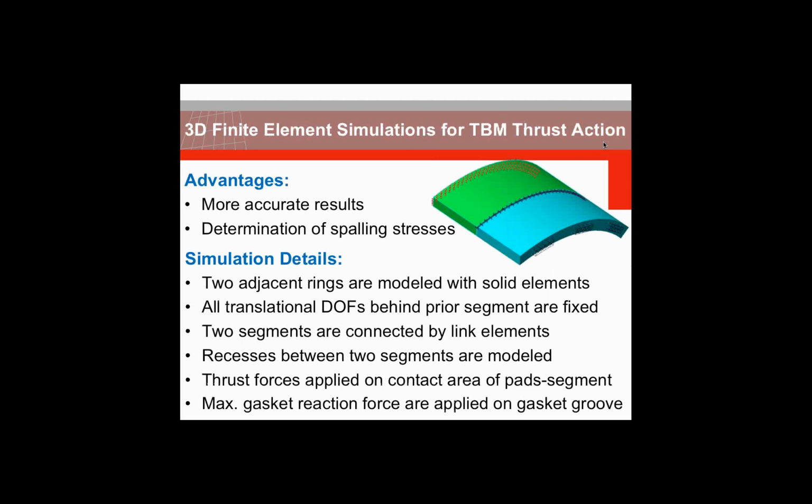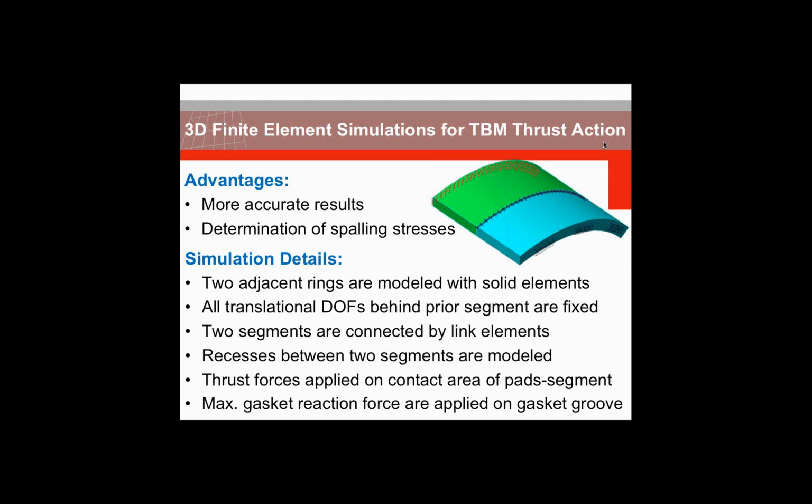3D finite element simulation has advantages versus the previous methods. Simulation is more accurate, and the reason is that the nature of these stresses is 3D. Another key advantage is that it's possible to determine spalling stresses using this method. Usually two adjacent rings are modeled with solid elements.